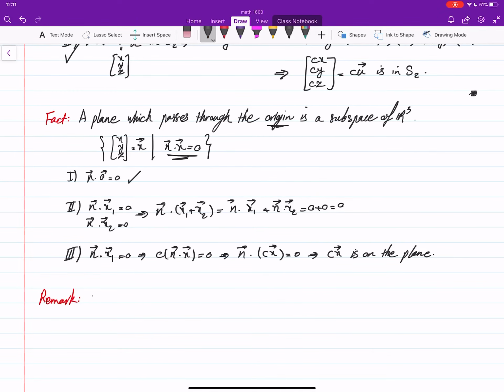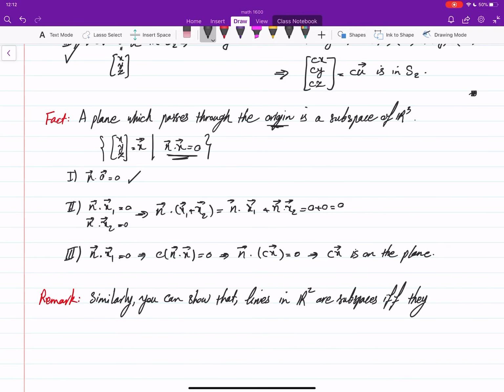Similarly, you can show that lines in R2 are subspaces if and only if they pass through the origin.